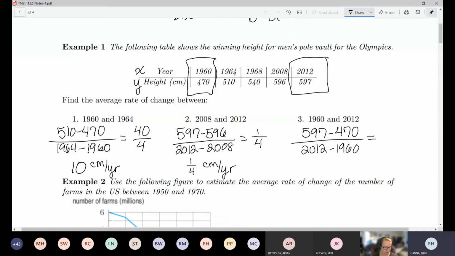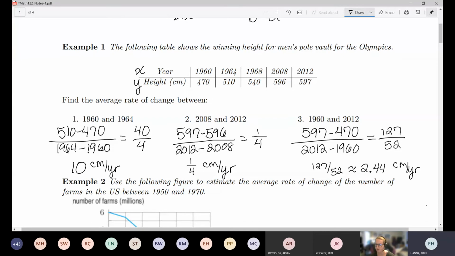It's going to reduce to a really gross number, 127 over 52. Our units haven't changed, so that would be 127 over 52, or if you wanted to write it as a decimal, approximately 2.44, centimeters per year. And that's the basic idea of average rate of change: essentially the slope between those two points.